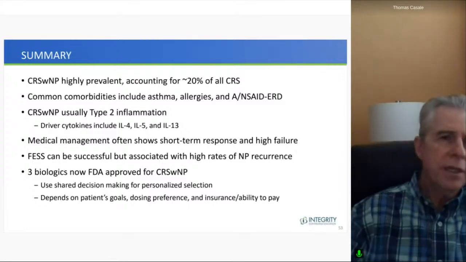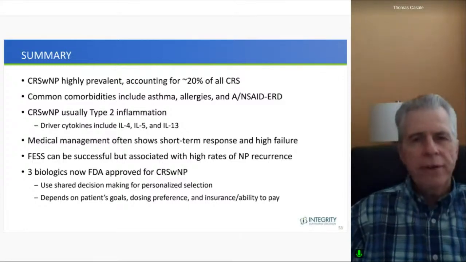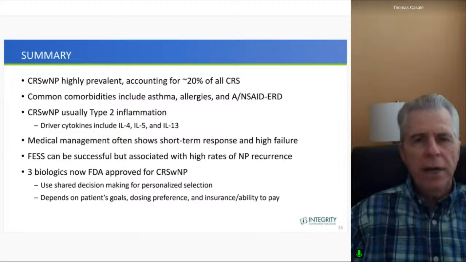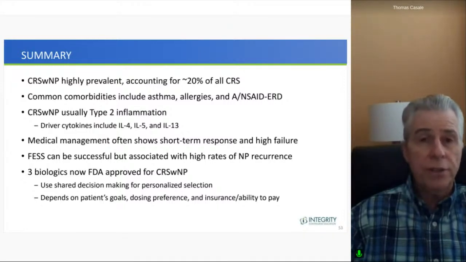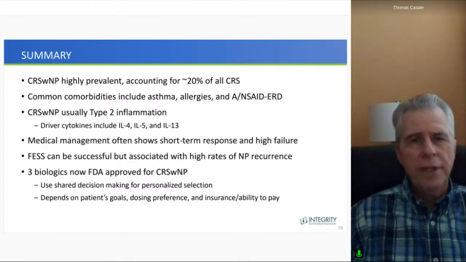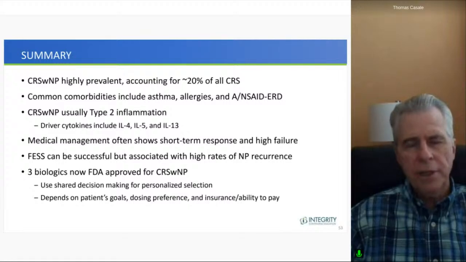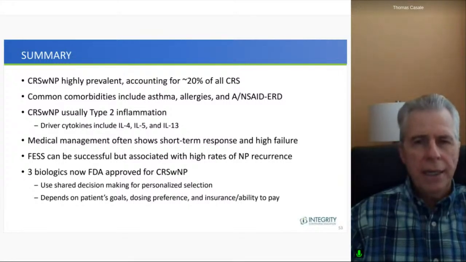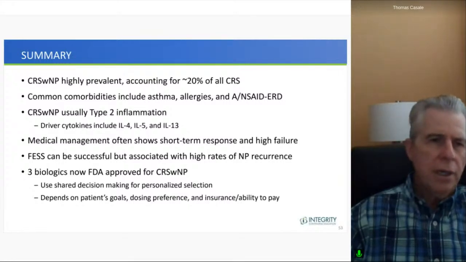So in summary, this is a highly prevalent disease accounting for about 20% of all patients with just chronic rhinosinusitis. Common comorbidities include asthma, especially allergic rhinitis, and aspirin sensitivity.